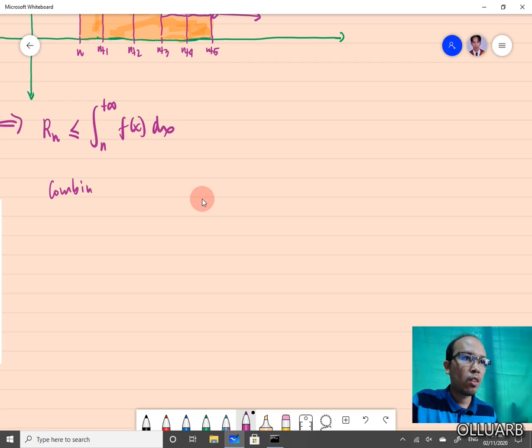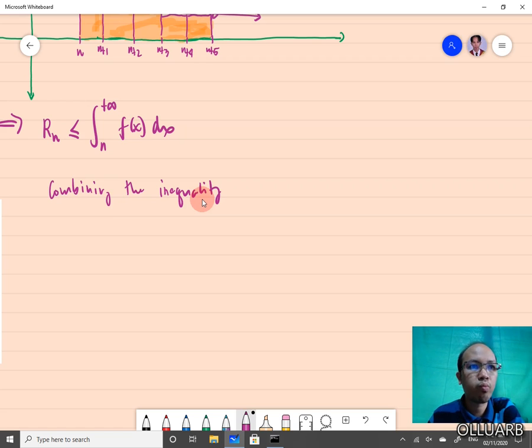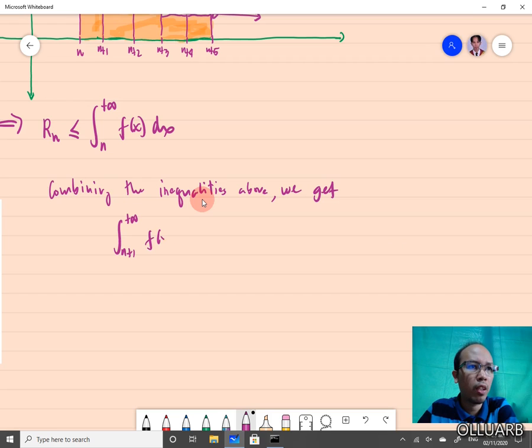Combining the inequalities above, we get the integral of f of x dx, where the starting point is n plus 1 up to positive infinity.